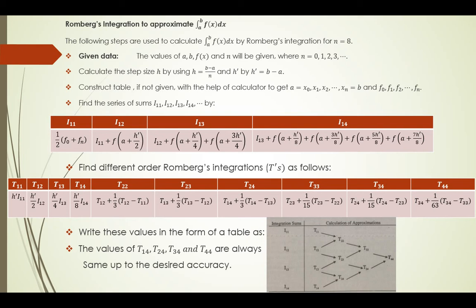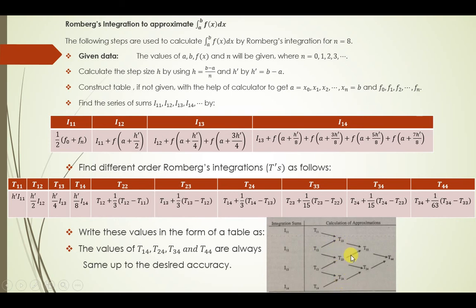We see integration sums are there, I11, I12, I13, I14, and in front of these integration sums we will write T11, then T12, T13, T14, and then between these values T11 and T12 we will write T22, start from here, T22, then T23, then T24.